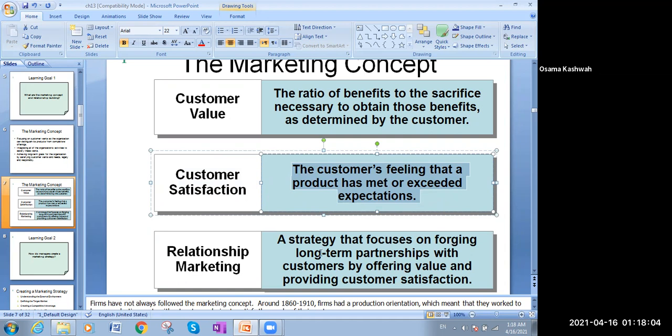Relationship marketing is a strategy that focuses on forging long-term partnerships with customers by offering value and providing customer satisfaction. The customer, like I said, is the start and the end. So I care about the customer, and I have to have a good relationship with my customers.